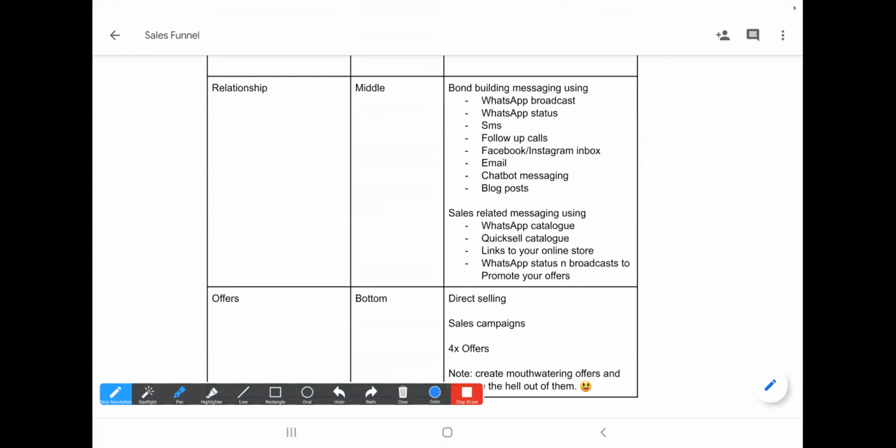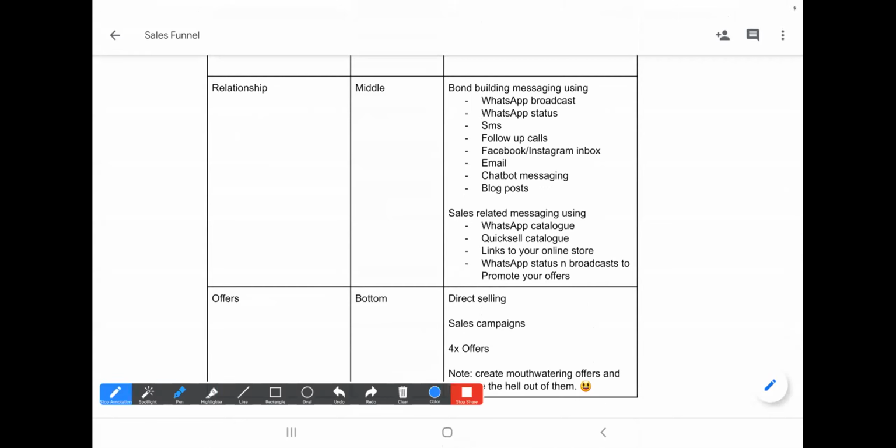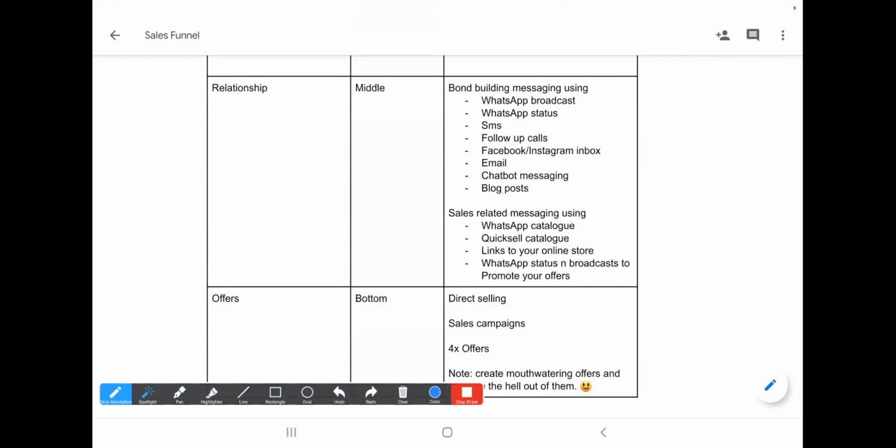Guys, the way to sell is by creating offers at the bottom of the funnel. By creating offers, you want people to come and buy from you.